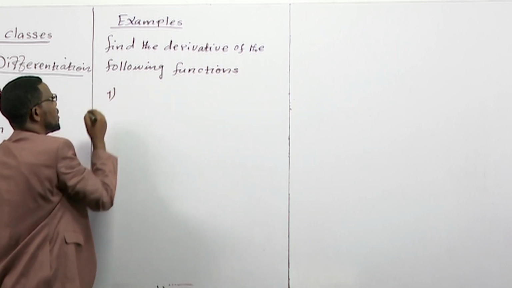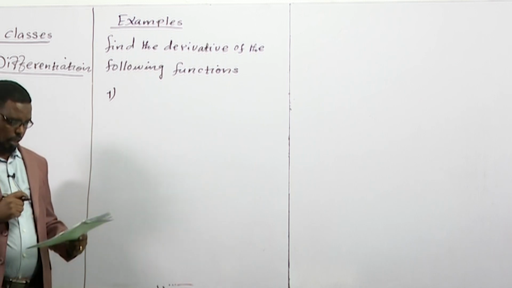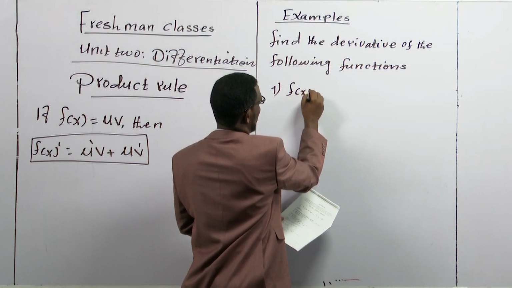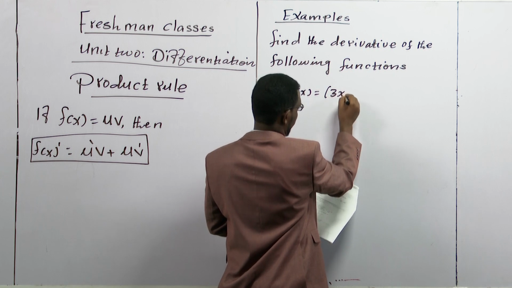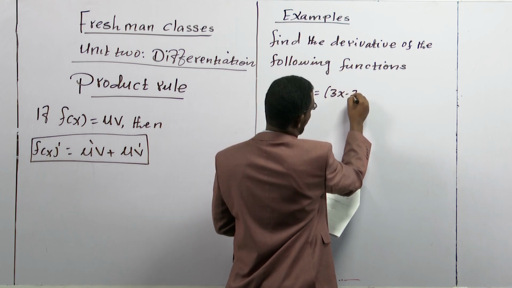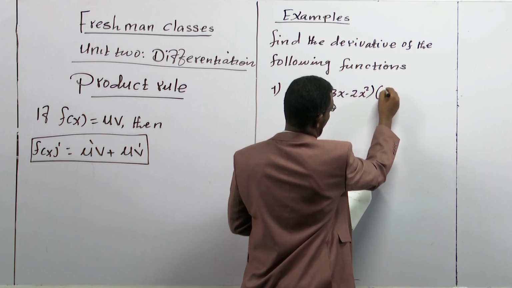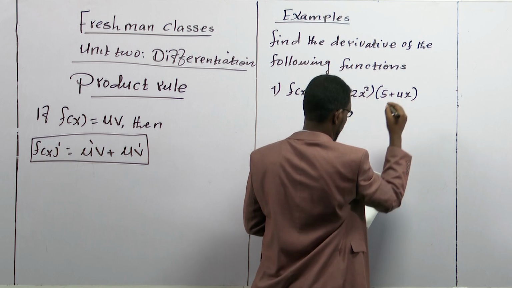Number one, f of x is equal to 3x minus 2x squared times 5 plus 4x.